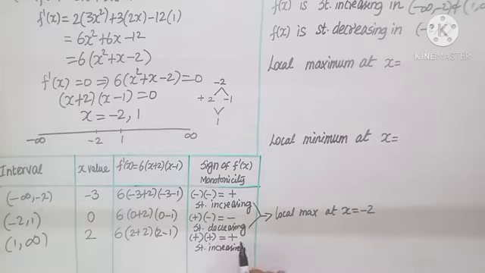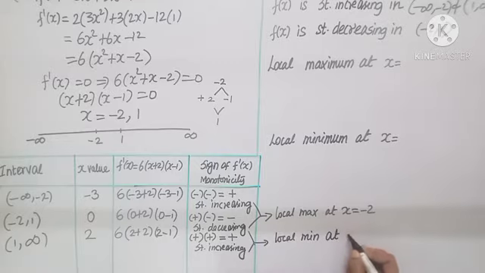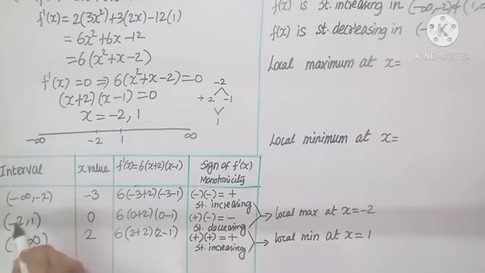Here it is decreasing to increasing, which tells me it is local minimum. So local minimum at x is equal to 1. So minus 2 to 1 decreasing and 1 to infinity increasing tells me 1 is the minimum point, and minus 2 is the maximum point.